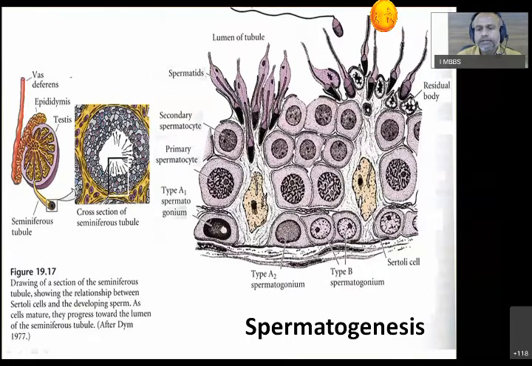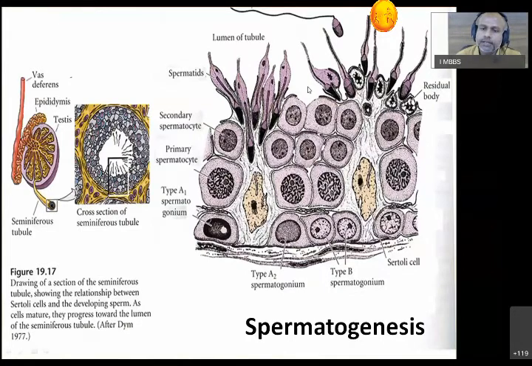The junctions between these two cells are released, as this cell will move in the upward direction by dissolving these junctions. Once it has moved upward, another tight junction is formed. There are cytoplasmic bridges or connections in the cell membranes of the various developing stages of spermatogenesis.